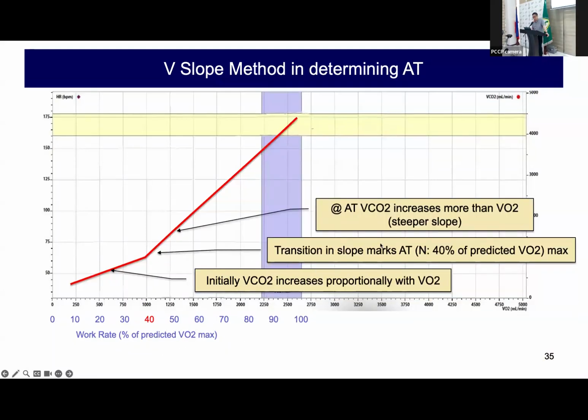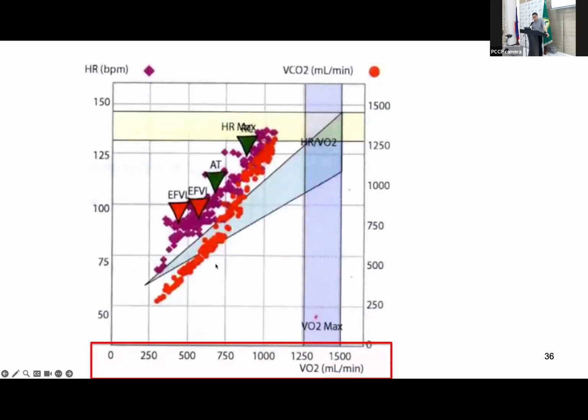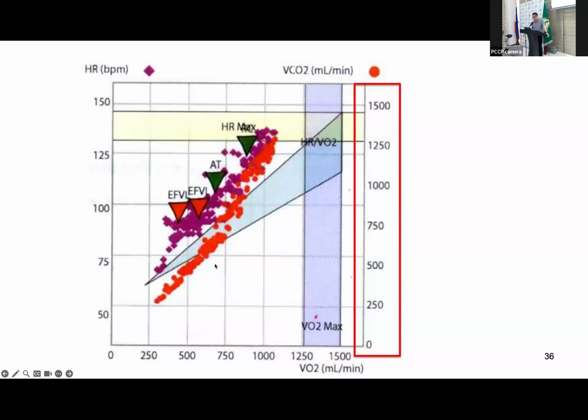The slope marks the anaerobic threshold. At anaerobic threshold, the carbon dioxide increases more than the oxygen, and therefore you have a steeper slope. The anaerobic threshold, usually the onset is around 40% of the predicted VO2 max. 40% and above of the predicted VO2 max. So X is VO2, Y is carbon dioxide.